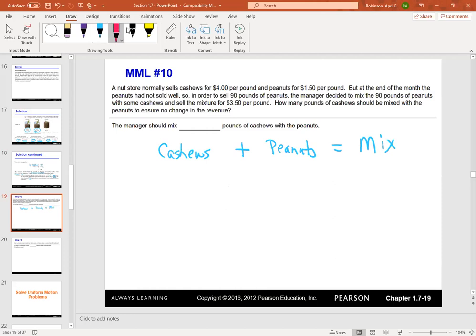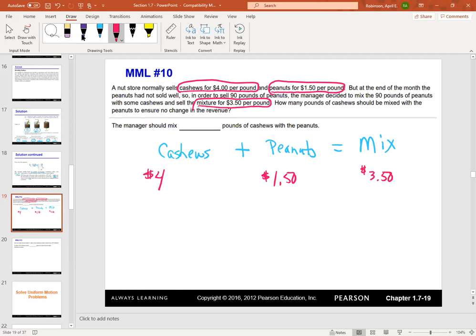Cashews sell for $4 per pound. So cashews is going to be $4. And then peanuts sell for $1.50 per pound. So this is going to be $1.50 for my peanuts. And in the end, the mixture will sell for $3.50 per pound.